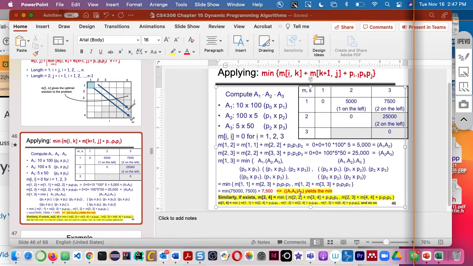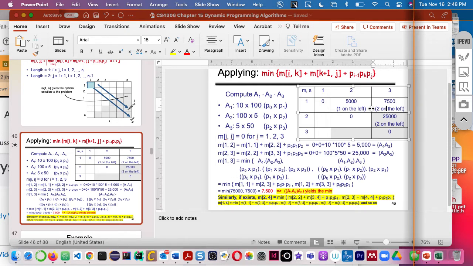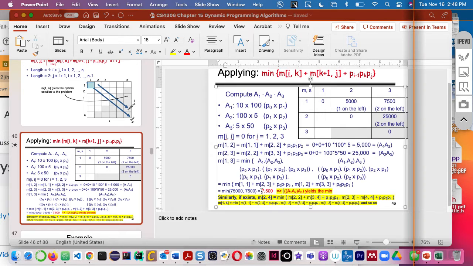So then it says now this one at this point is 1, 3. So now we need this value, right? Up to 1, 3, how many matrices are there? We are going to multiply A1, A2 and A3, 3 matrices, right? Here when we got this value, 7,500, how did it get 7,500?